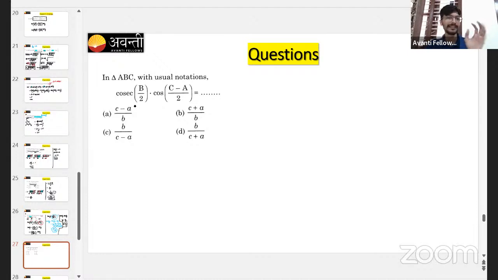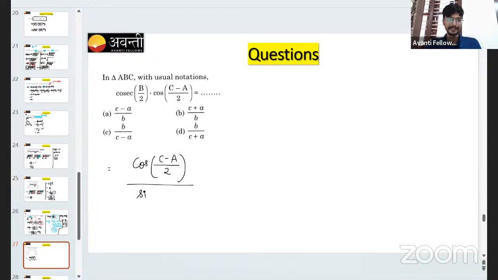Cosec we don't like like this, change it to sine. And this cos (c minus a)/2, what will we do about it? Now, see, I can write cos (c minus a)/2 upon sin b/2.